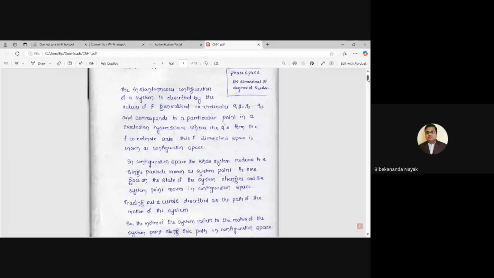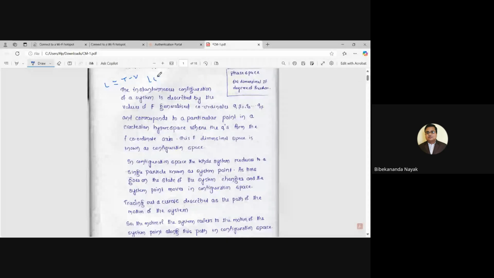We express the Lagrangian as L is equal to T minus V, where T is the kinetic energy, half m q dot square, and V is the potential energy. So the Lagrangian is a function of both q and q dot.